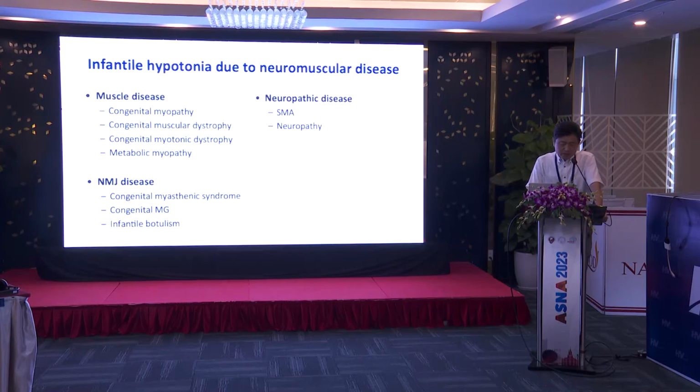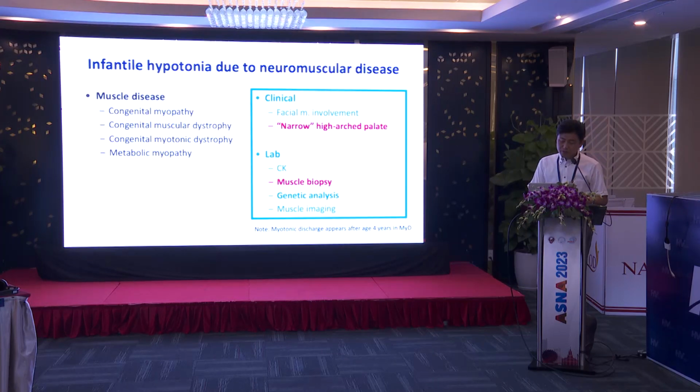Of course, there are other differential diagnoses, but when you limit the differential diagnosis to neuromuscular disease, you have to consider the possibility of muscle disease, neuromuscular junction disease, or neuropathic conditions. For muscle disease, something very important you have to look for clinically is facial muscle involvement and high arched palate.